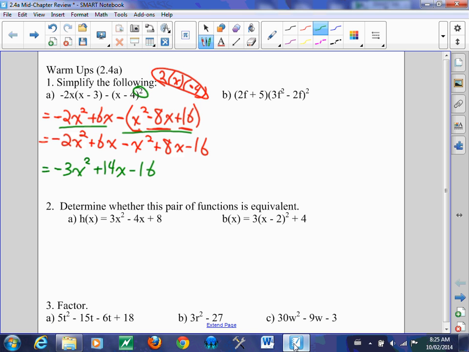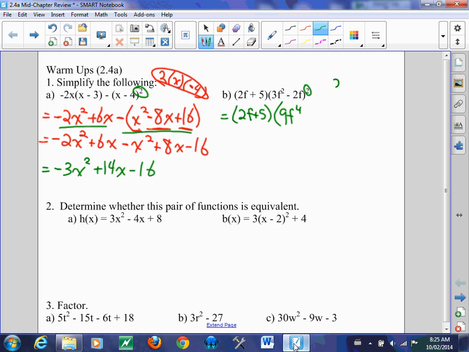Taking a look at the second one, ladies and gentlemen, notice we've got a binomial times a binomial squared. Here's where we do have to do BEDMAS. You have to do the exponent first, so you leave the first binomial out front. Okay, and then we're going to square the first, so that's going to be 9f to the fourth.